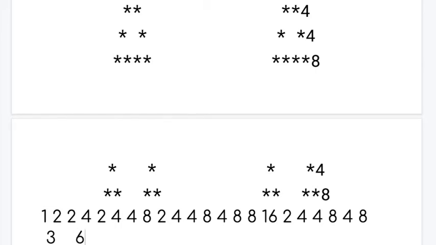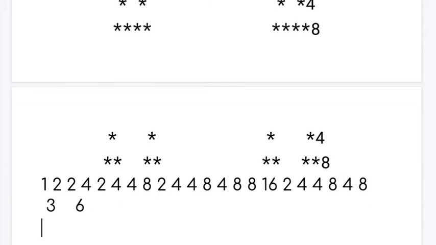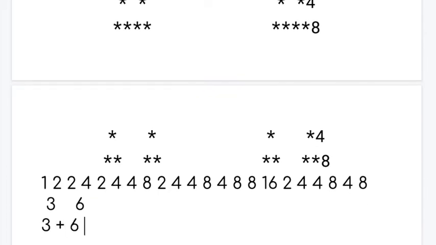So double that, so it's 6, and then if you add them together, you get 9, which is triple of 3. So when you double the rows, you triple the number of odd numbers.